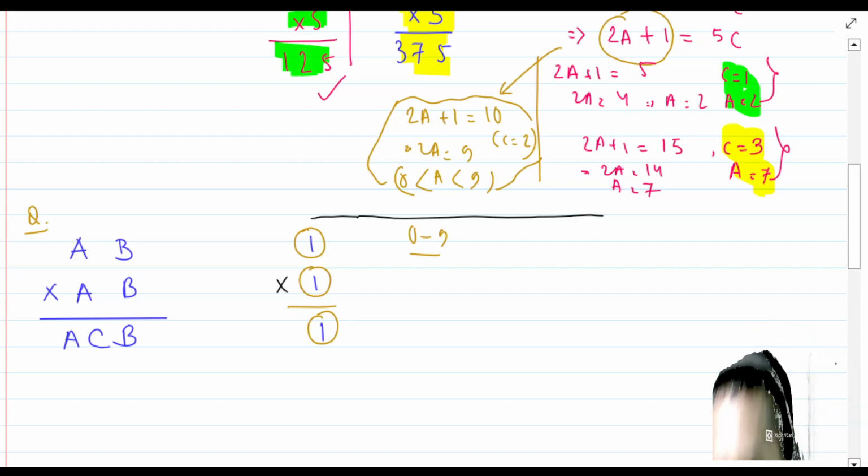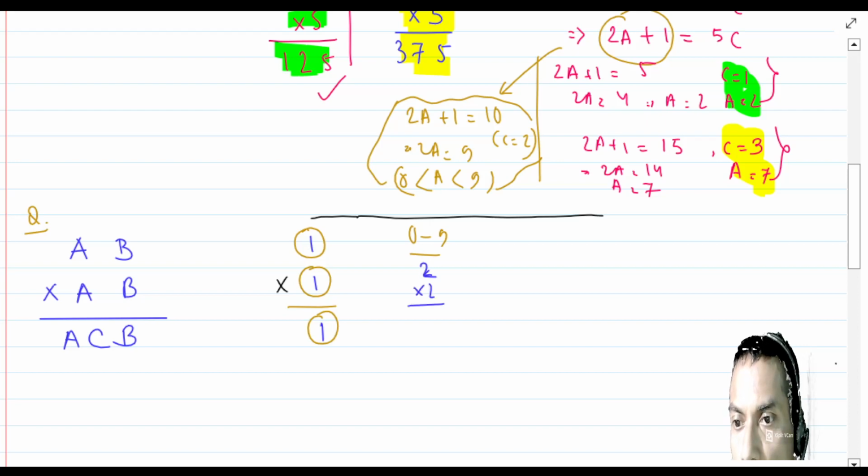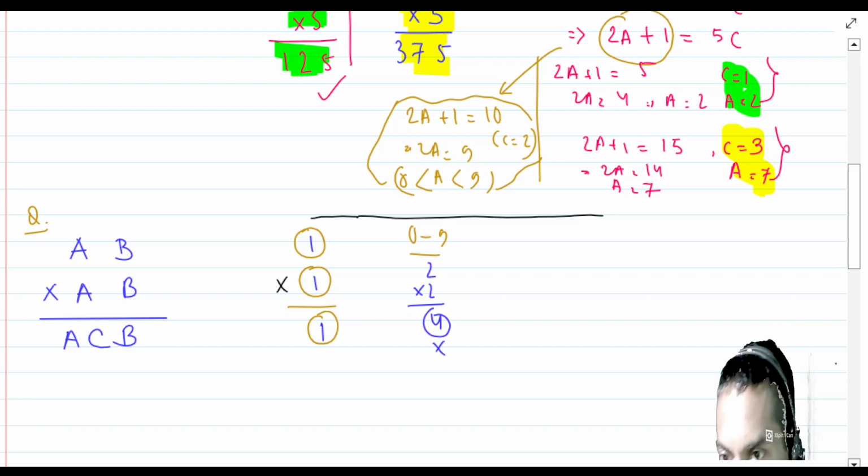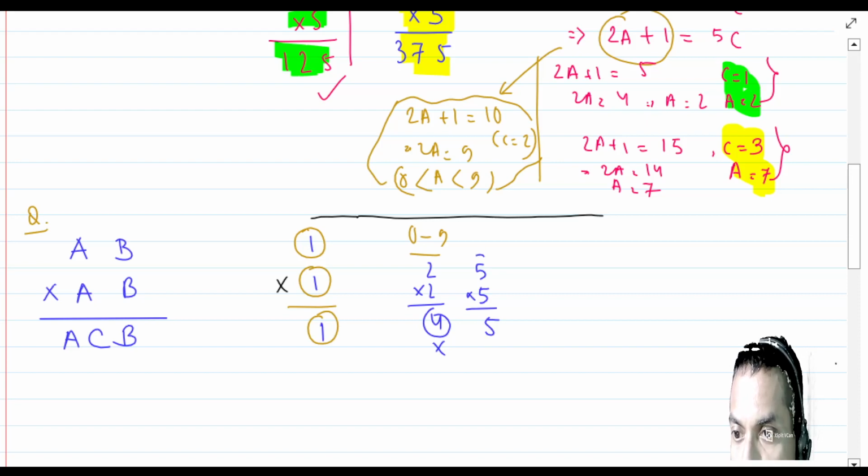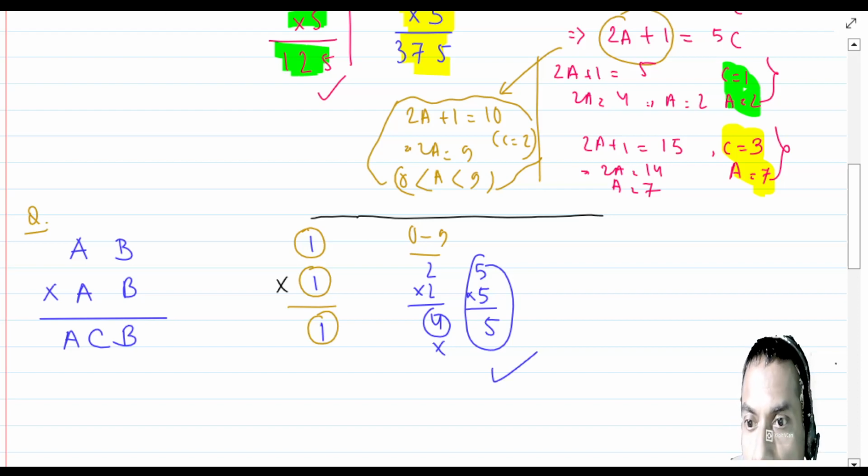But if I consider 2, then what will happen? 2 into 2, it will be 4, but it is not the same as 2, so it is not possible. 3 3 not possible, 4 4 not possible, 5 5 possible, it is also possible. Clear?